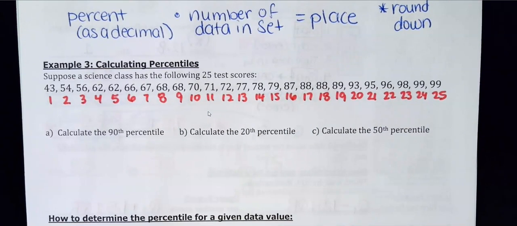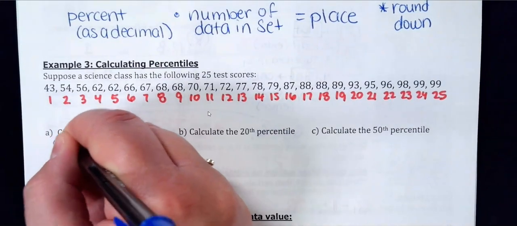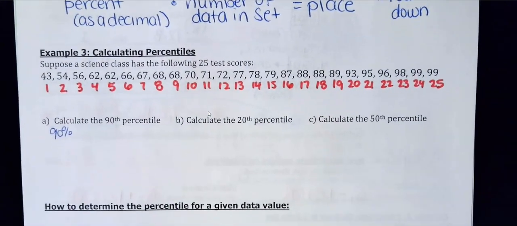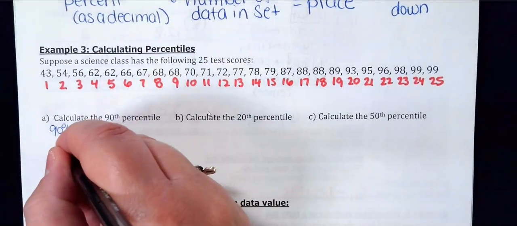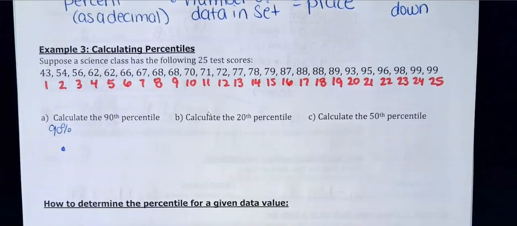All right, to calculate these percentiles, here's all you're going to do. The 90th percentile. I want you to think of like 90%, so 90% of the data values are going to be less than this value when we get it. So 90% as a decimal would be what? 0.9.